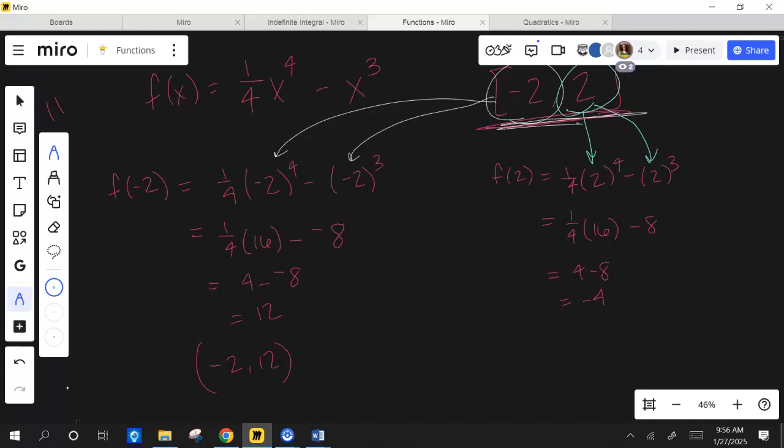What I get each time is the y part of that point. So for this one, it's -2, 12, because 12 is what I got. And then this one is 2, -4, because -4 is what I got there. Because I plugged in the x values. Remember, the interval is always in x values, okay?